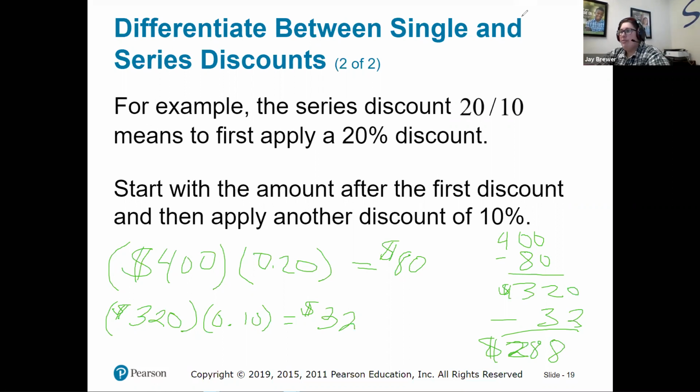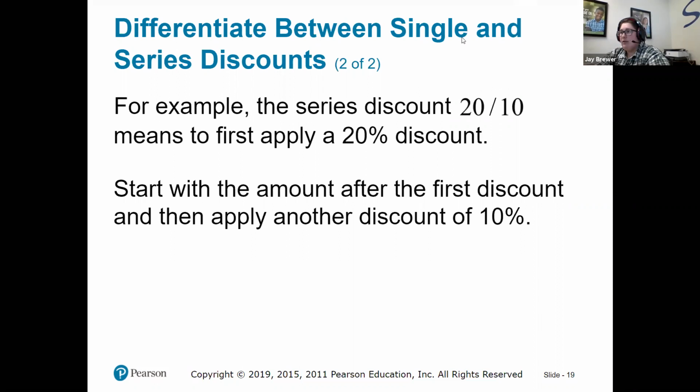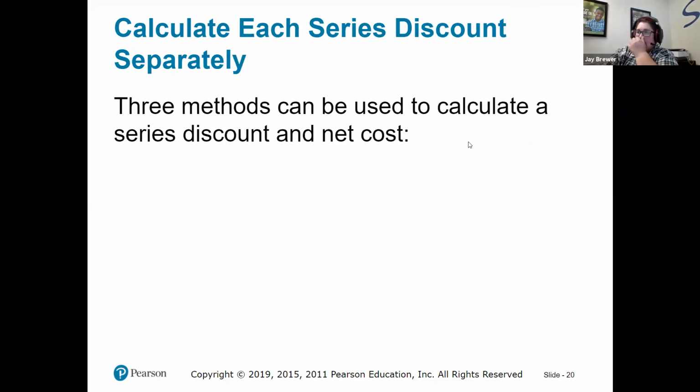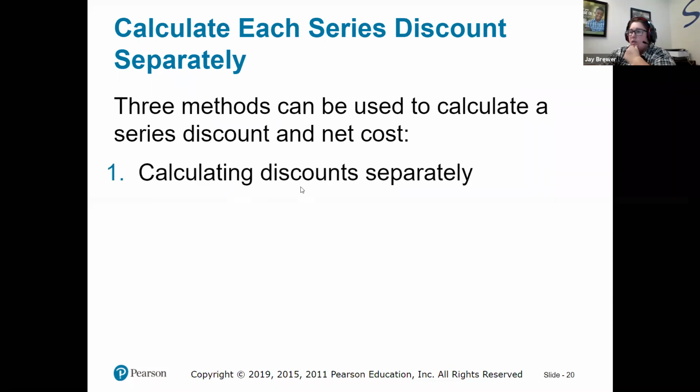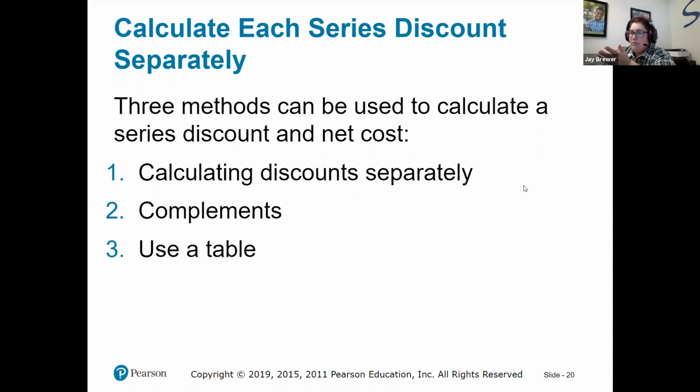Okay, so I think that's how this is going to work. It would be great if they would give us an example, but I don't know if they're going to. This is saying calculate each series discount separately. So we did that part, right? Three methods can be used to calculate a series discount and net cost: 1, calculating discounts separately; 2, complements; 3, use a table.